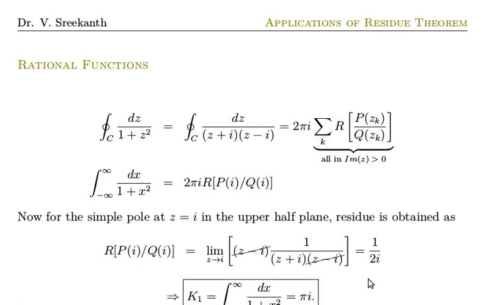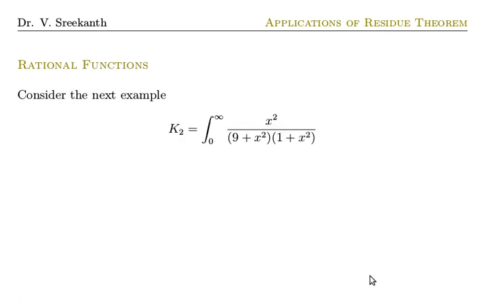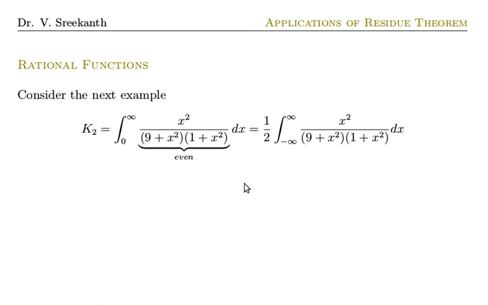Now consider another function which is a bit more complicated. Okay, so k2 is nothing but the integral from 0 to infinity of x square over 9 plus x square into 1 plus x square. First and foremost, note that this integral has a limit from 0 to infinity. Okay, dx is missing, but 0 to infinity, right? So let's see, if that is the case, you can see that this entire thing is even, right?